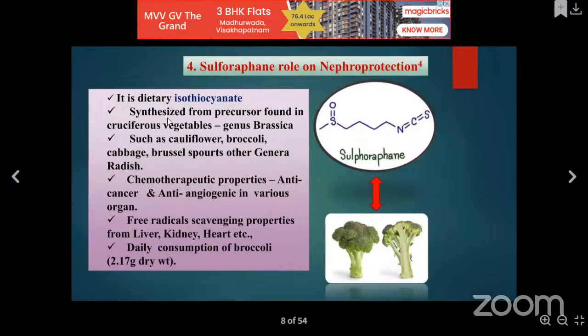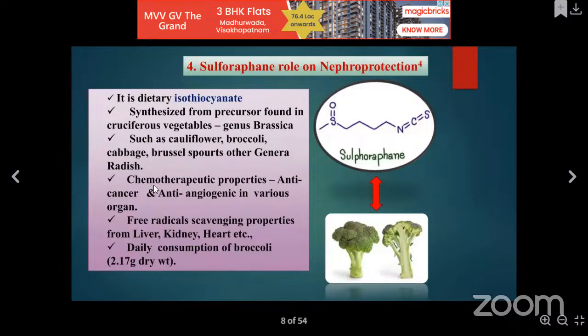It is synthesized from the precursor found in the cruciferous vegetables of the genus Brassica. So they will be present in Brassica genus plants, such as cauliflower, broccoli, cabbage, Brussels sprouts, and other genera like radish.